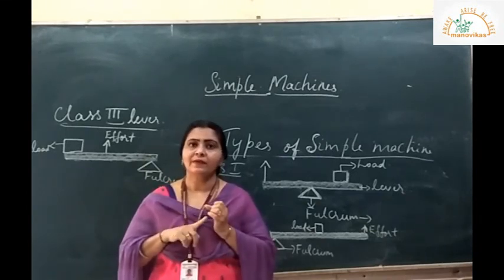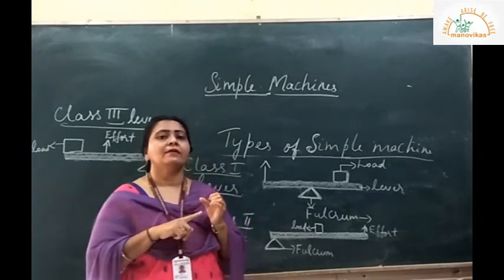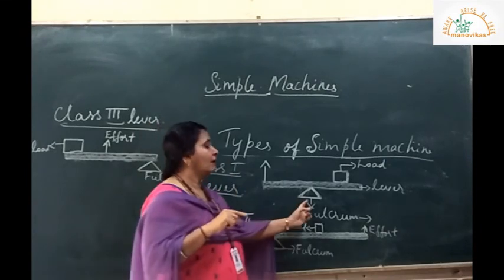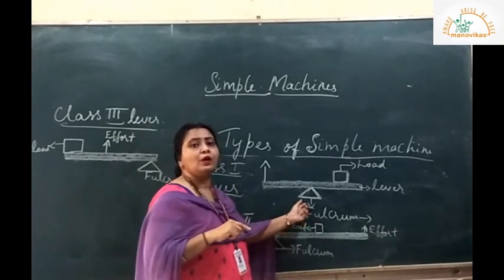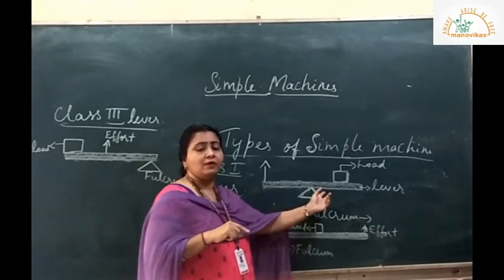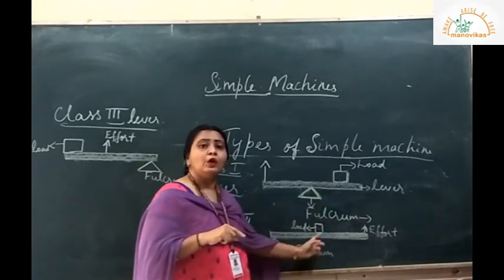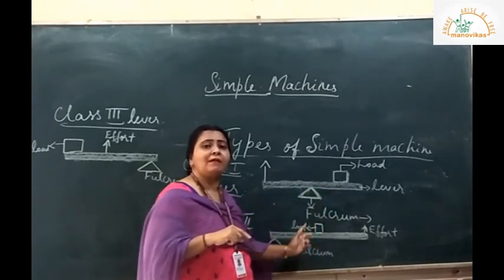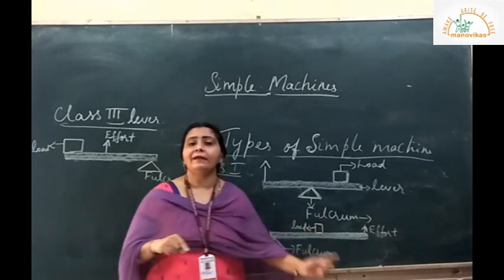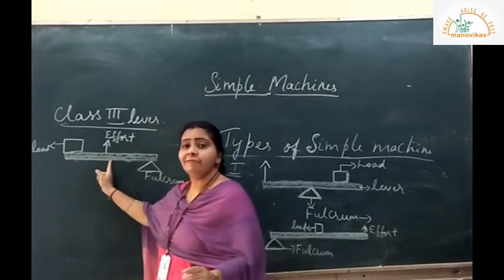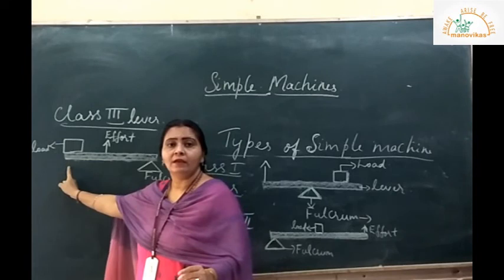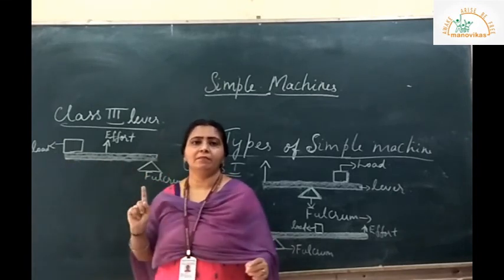In class 1 lever, the fulcrum is in between the load and the effort. In class 2 lever, load is in between the fulcrum and the effort. And in class 3 lever, effort is in between the load and fulcrum.